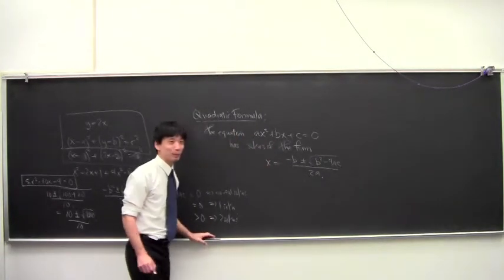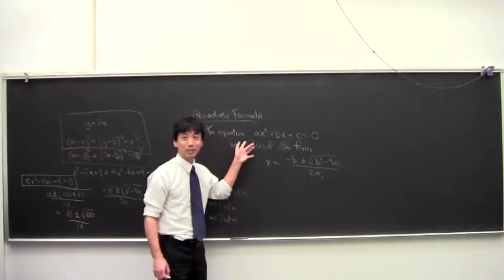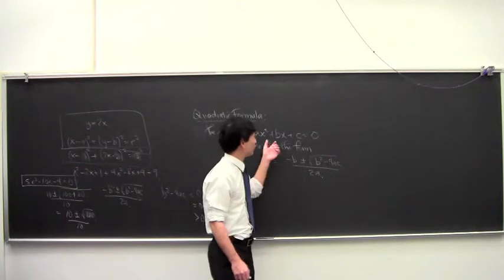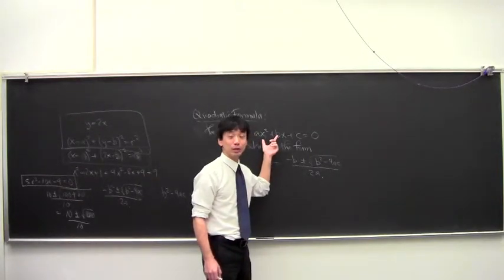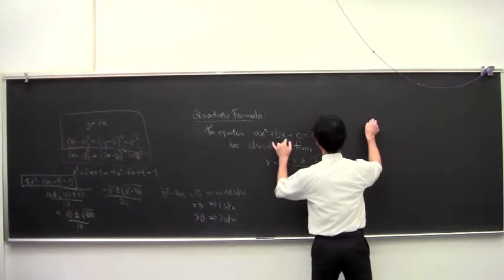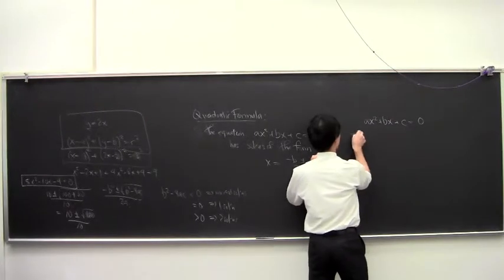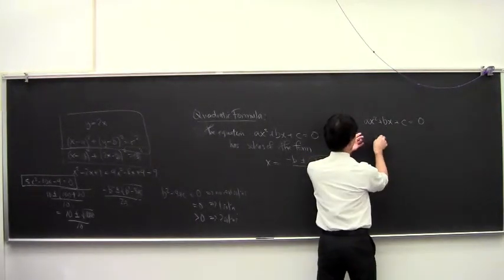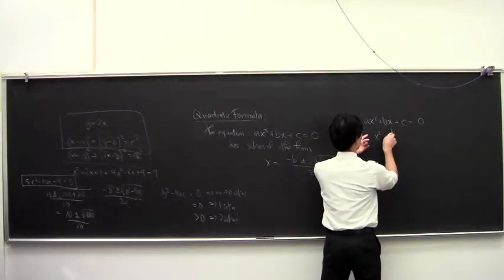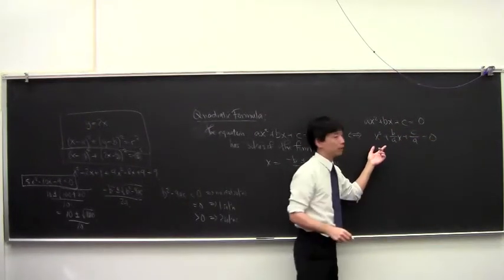Okay, but I'm going to tell you anyway. As for why that happens, you can figure it out by completing the square. You say, well, I've got x squared plus bx plus c equals 0. I can simplify that by dividing by a: x squared plus b over a x plus c over a equals 0.